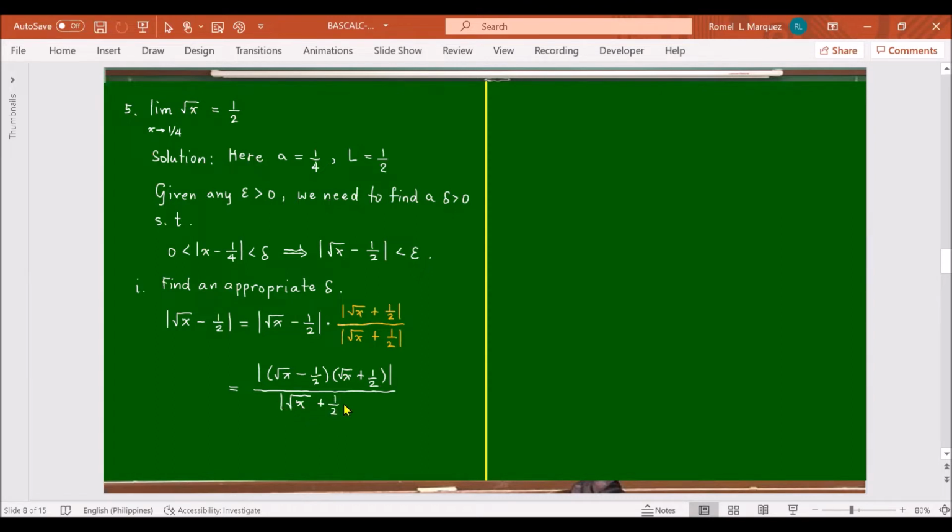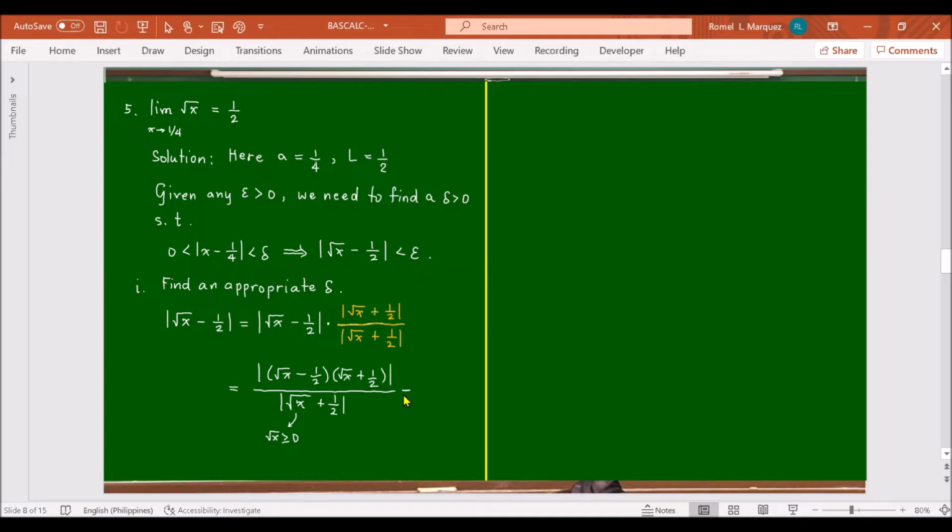Actually, this absolute value is immaterial because this radical is always positive for all x that is in the domain of square root of x. Or 0, no? That is positive or 0.